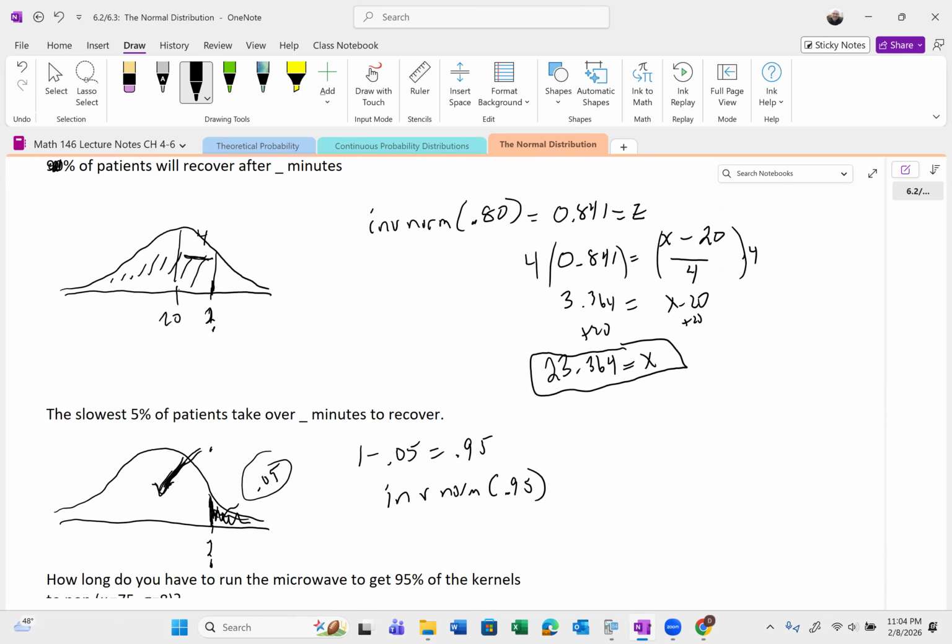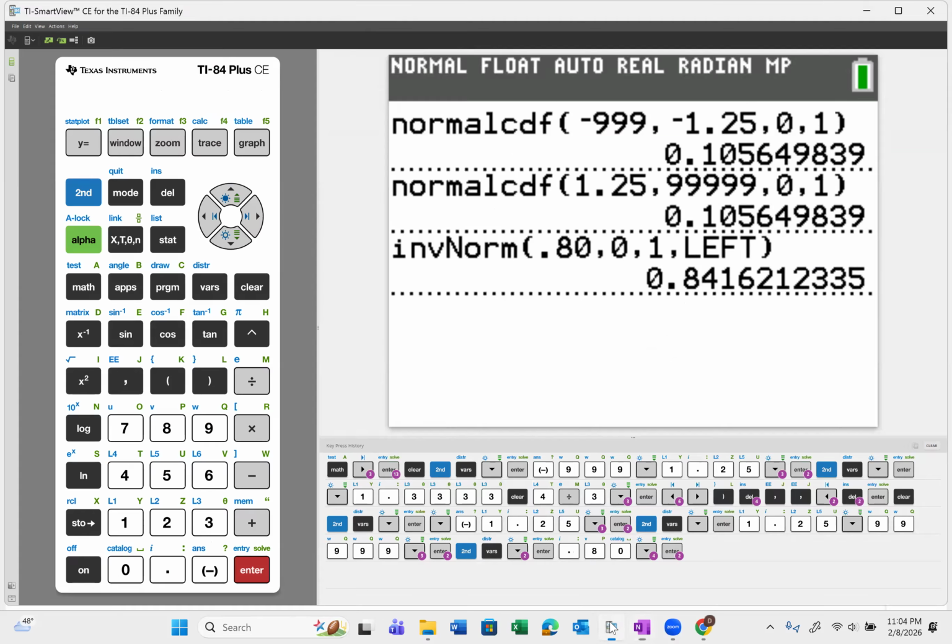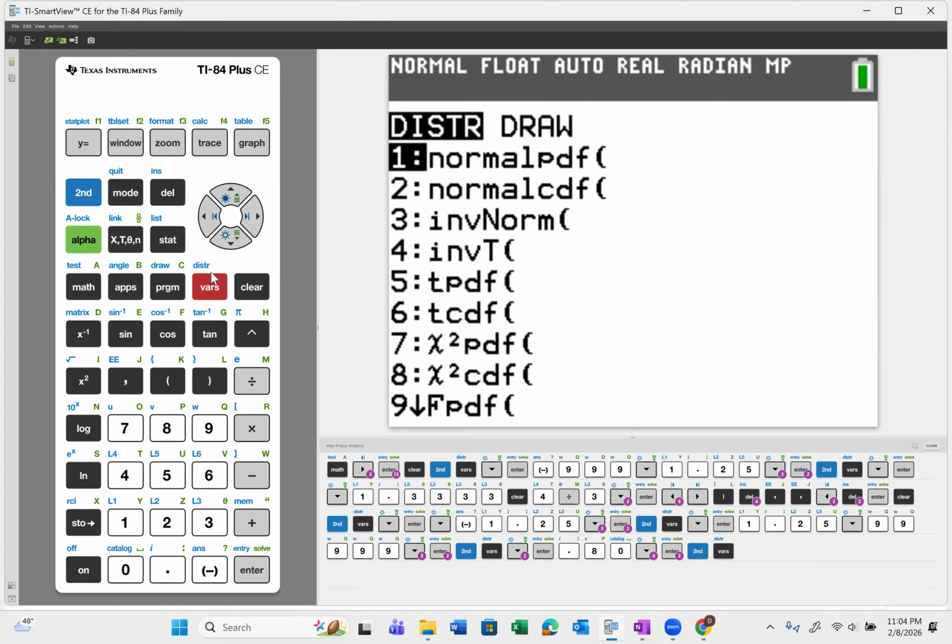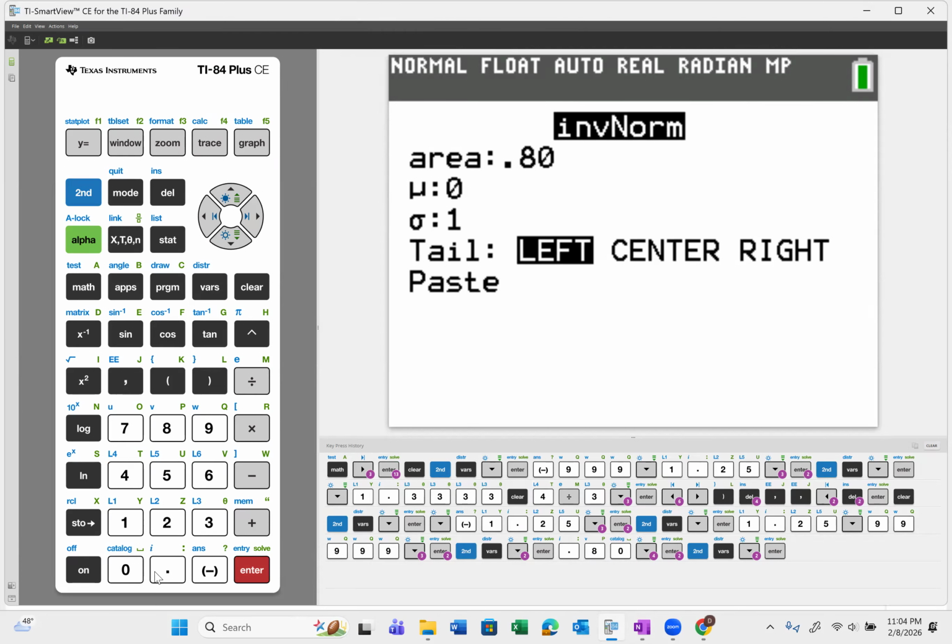If I have that left, right, and center, I can just choose right. But again, a lot of times we don't have that option. So I want to do 0.95 in there.